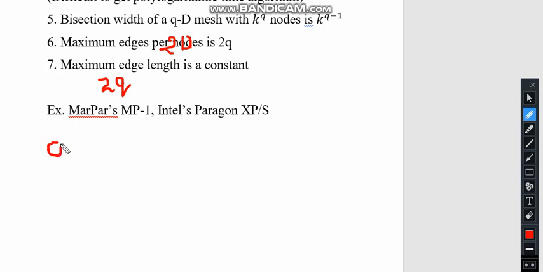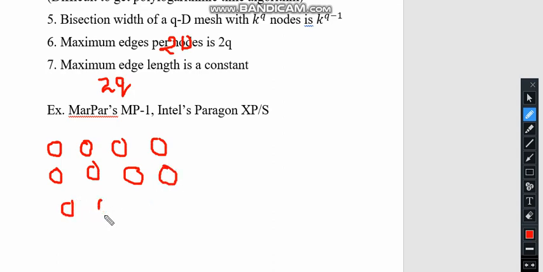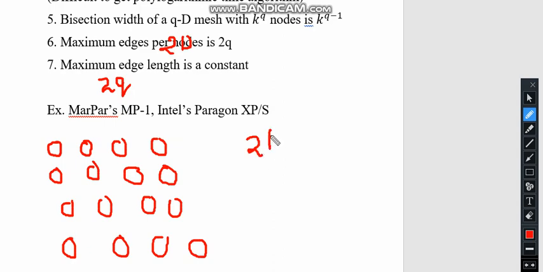Suppose we have 16 nodes arranged in the form of a two-dimensional lattice. Here we have k to the power q nodes.